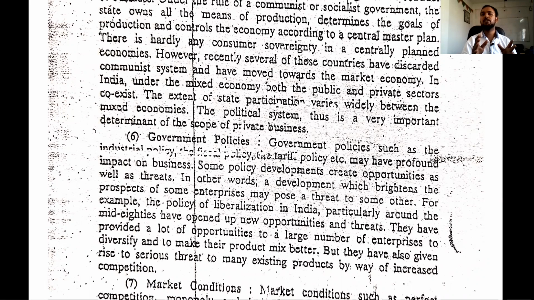But suppose the government has made a policy that is not favorable for the company, then what can a company do? A company cannot say to the government, no, we don't want such kind of policies, please change these policies. The company has to be adjusted to that policy. The company needs to change its planning, change its strategies.